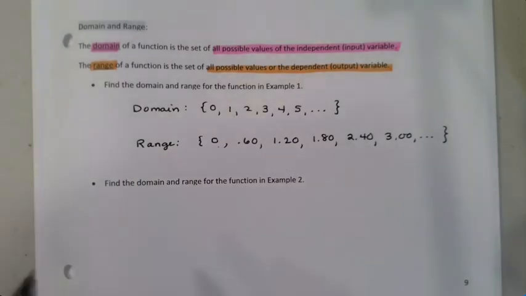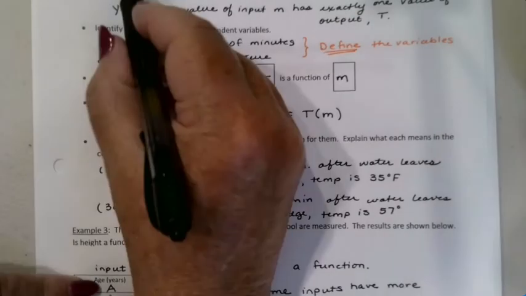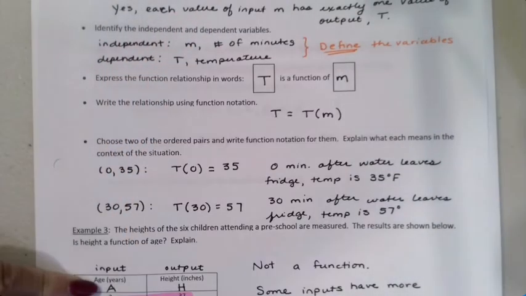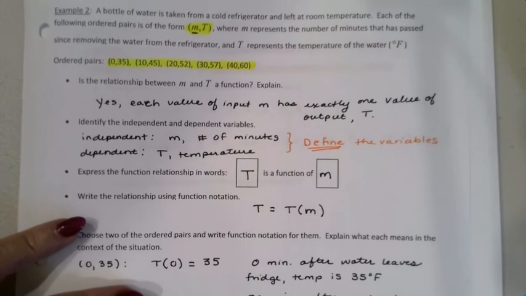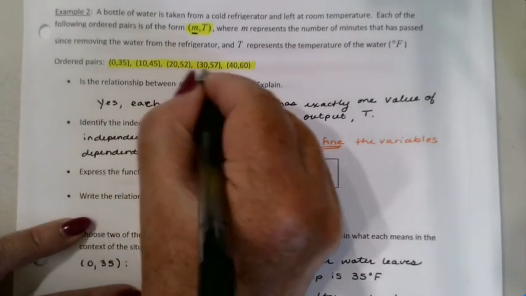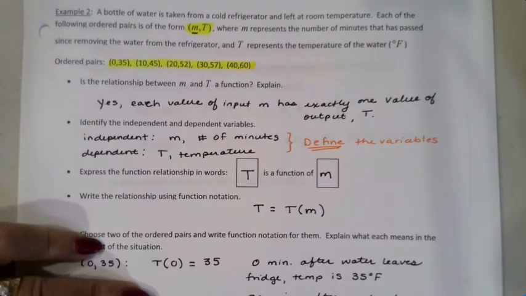All right, so that was how I might express domain and range for that discrete function. Let's take a look at how I would do it for the continuous function, where we had the time and the temperature of the water. Now I only gave you these specific ordered pairs, but we know we could measure temperature at any in-between value. 1 minute, 5 minutes, 8.6 minutes, right?